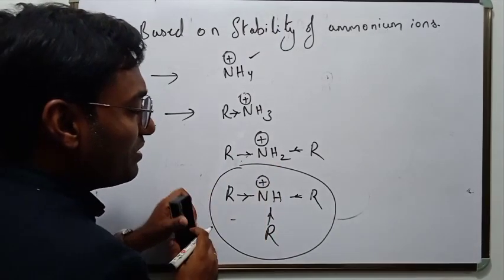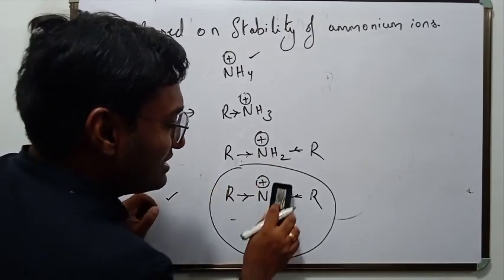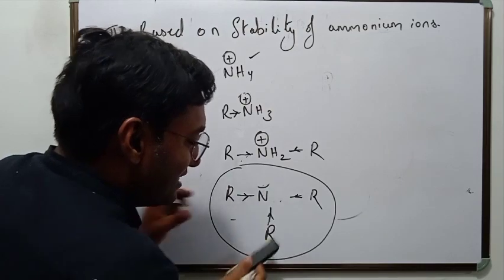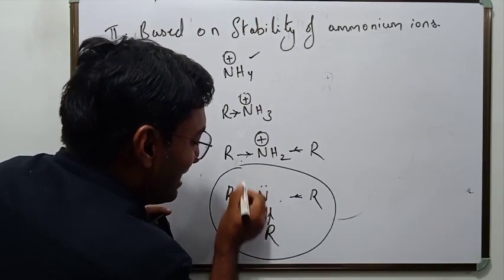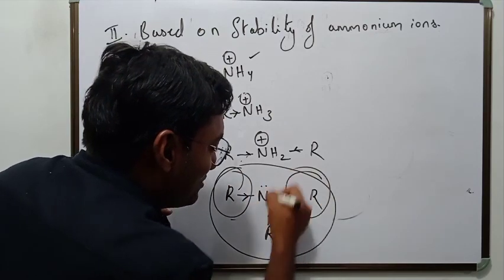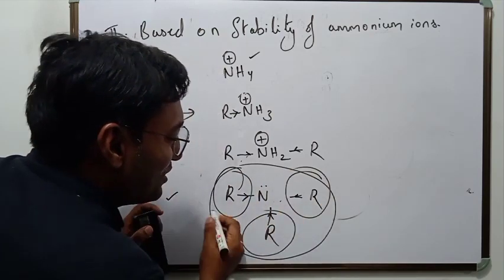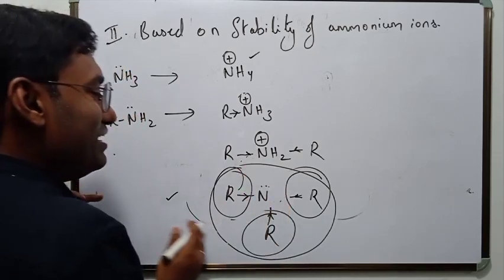However, for the formation of this ion, H has to enter, right? But H is never entering owing to steric hindrance from the three ends. So H has never been able to enter here to form such an ion.